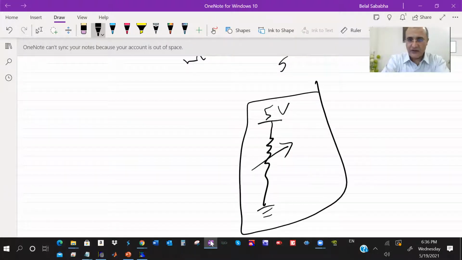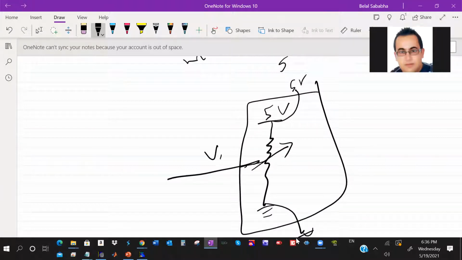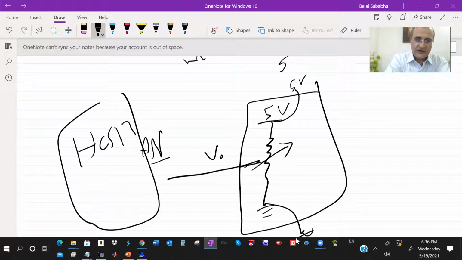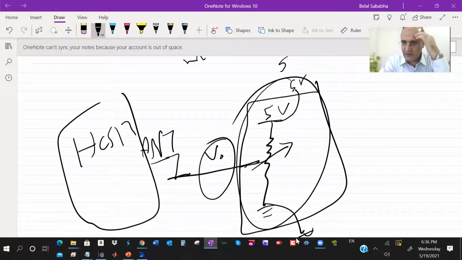This is the first pin, and this is the ground, and the third pin is the voltage out. And this is taken to the HCS12 ATD connected directly. So we're reading voltage here. The voltage divider is already built for us.